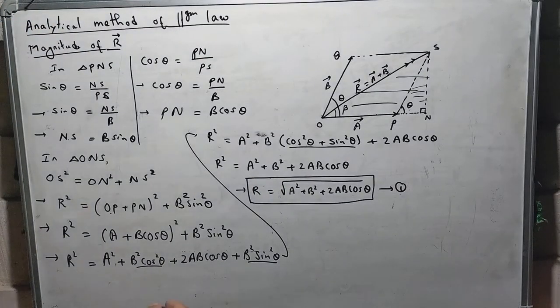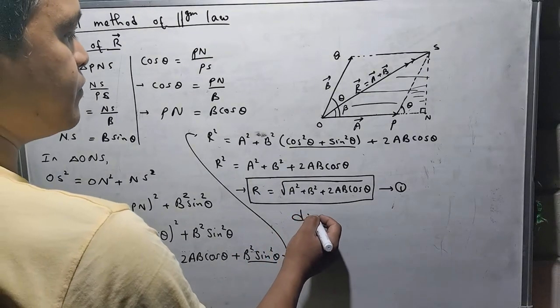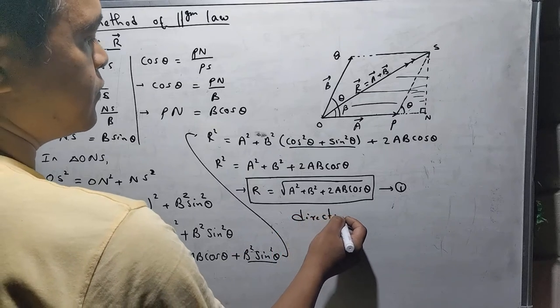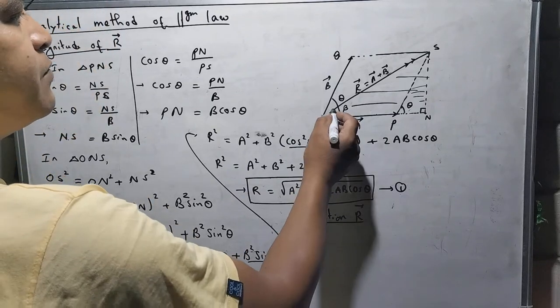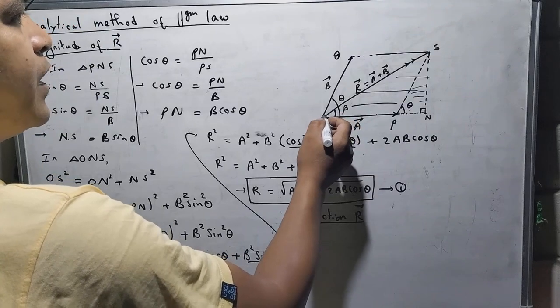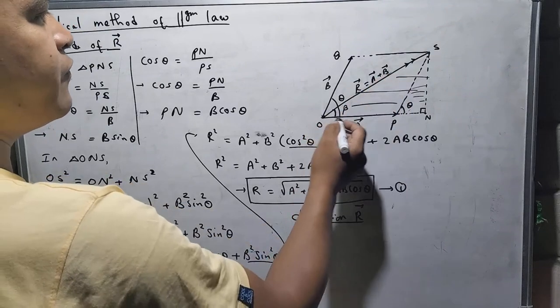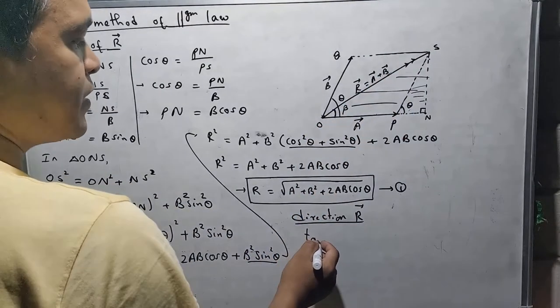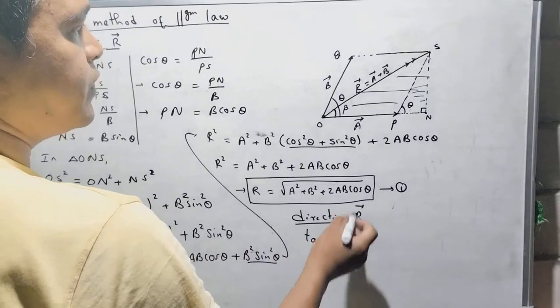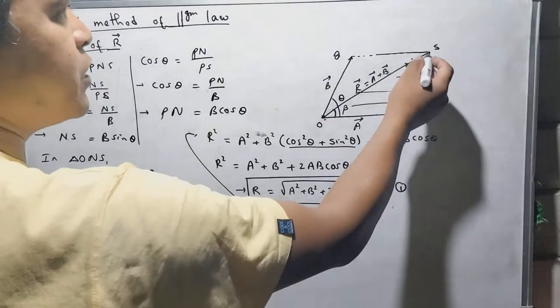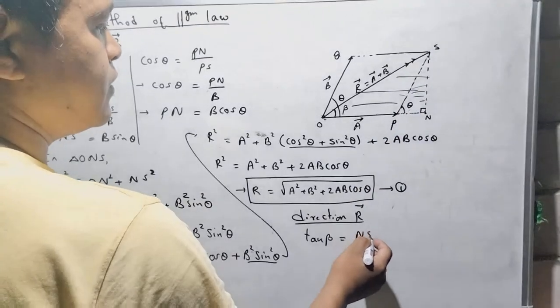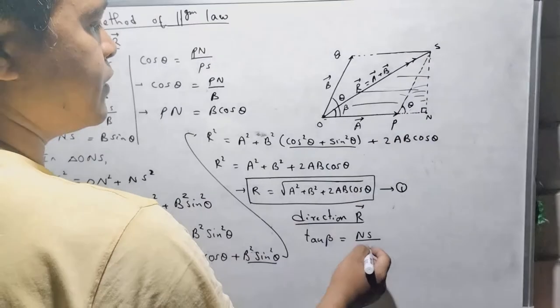Okay, next, to find the direction of vector R. If beta is the angle made by the vector R with the vector A, then in this right angle triangle ONS, tan beta is equal to NS by ON.